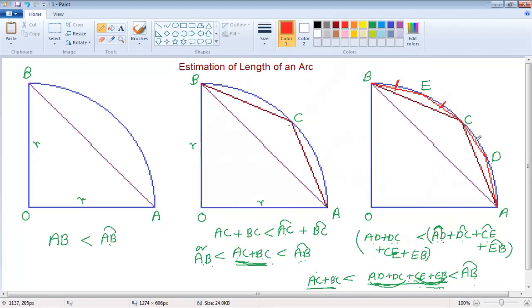We will not actually do the calculation, but it is understood now. Suppose these points are P, Q, R, and S. If we find the sum of the distances AP plus PD plus and so on, the sum of 8 distances will be slightly less than the arc length AB, but it will still be a better result than the sum of these 4 distances.